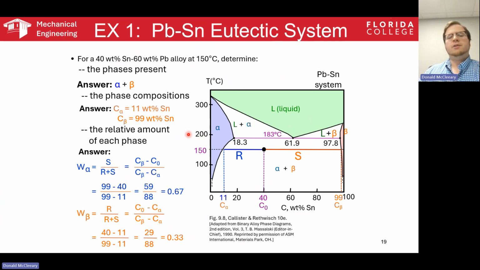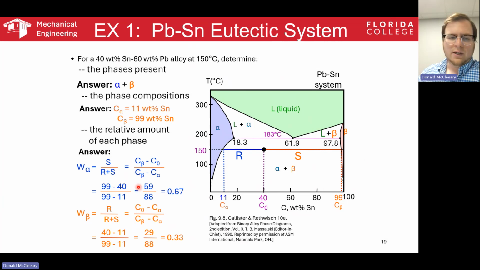And then the relative amount of each phase we can calculate using our mass fraction calculations from earlier. That's just that same teeter-totter rule system, using those equations to calculate what our mass fractions are. Specifically, we're going to take 99 minus 40 for S, and then to get R plus S, which is just the full length of this line, you're going to get 99 minus 11.